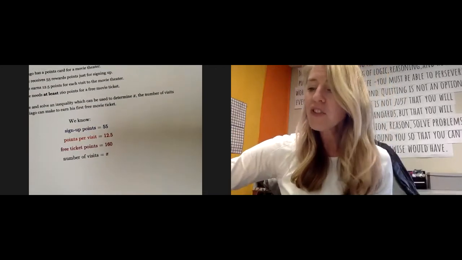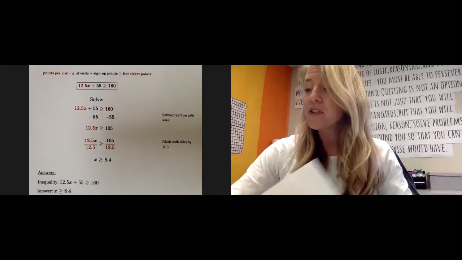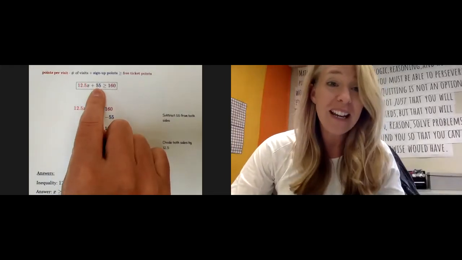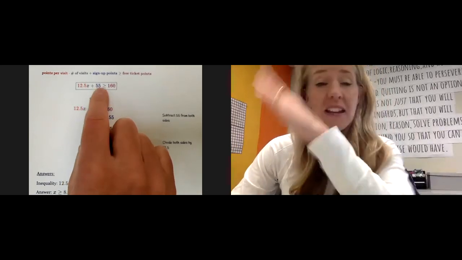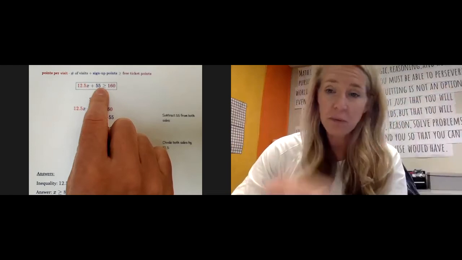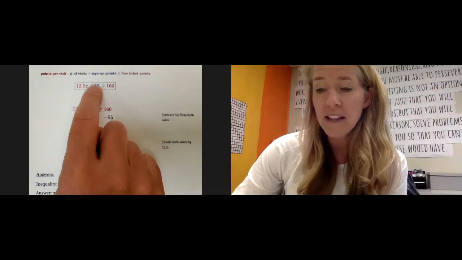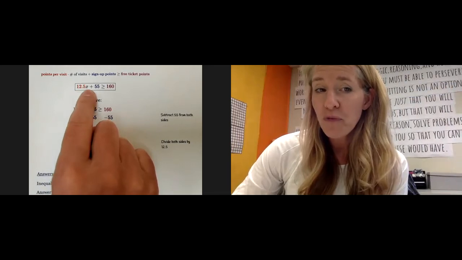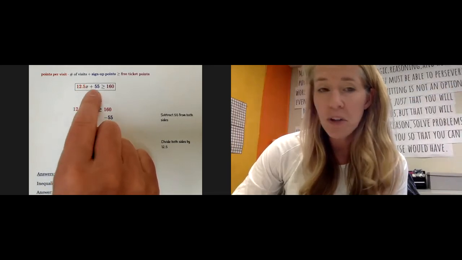Knowing that, what you're going to do is say, okay, that flat rate, I'm kind of giving the answer away here pretty quickly because they've got it out ready for us. This is in the explanation, which they show after you get a question wrong. But 55 is that base amount, and 12.5 points per visit. So we're going to add these up and combine them.